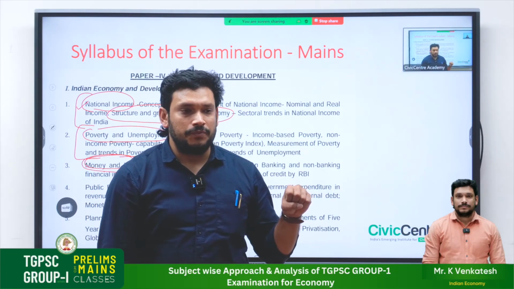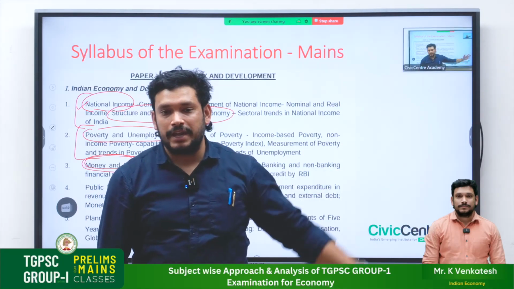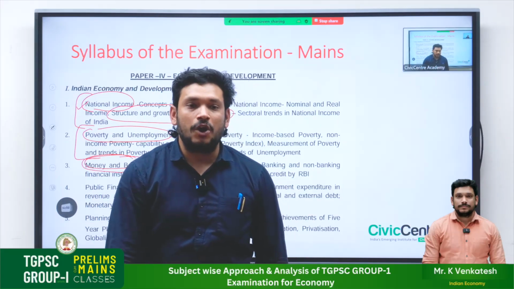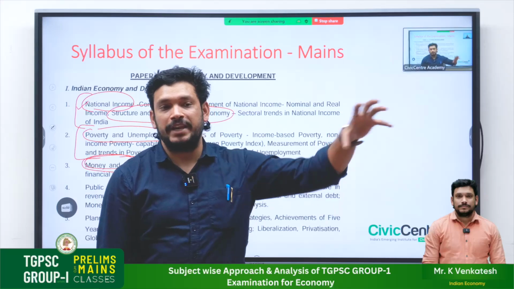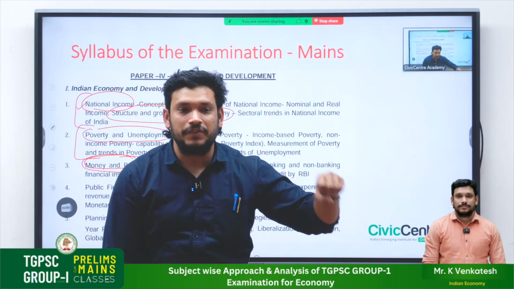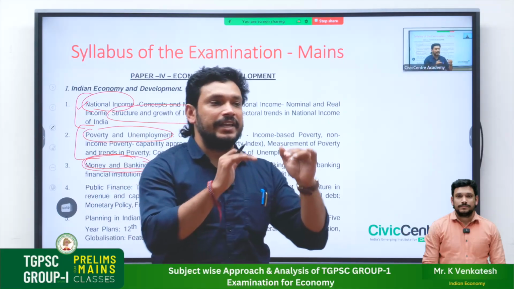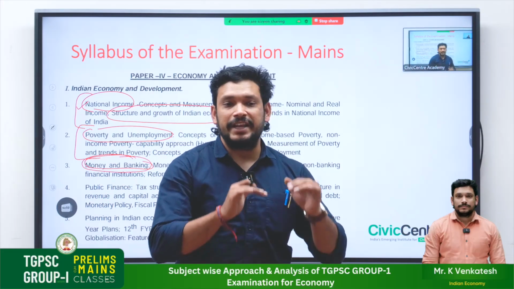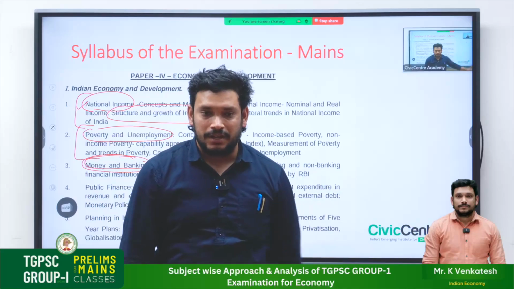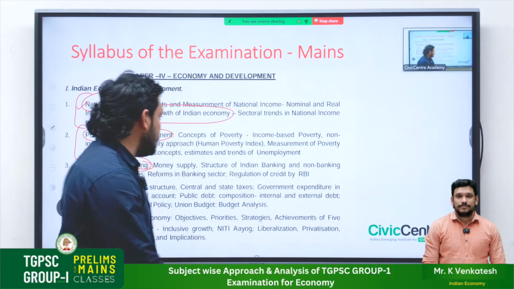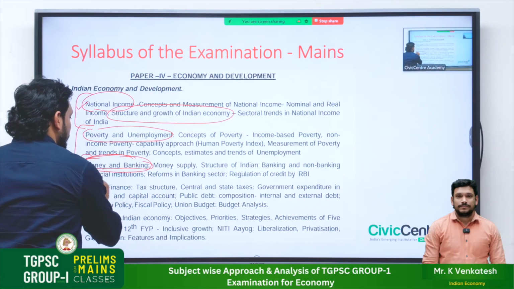So if you have too much inflation, let's say 7 or 8%, then what will RBI do? Okay, too much money is there in the economy, I need to squeeze it so that inflation will reduce. Why are they targeting inflation? Why are they targeting inflation only from 2014? That we will be discussing in the classes in entirety. So these are the topics that we will be seeing in money and banking.